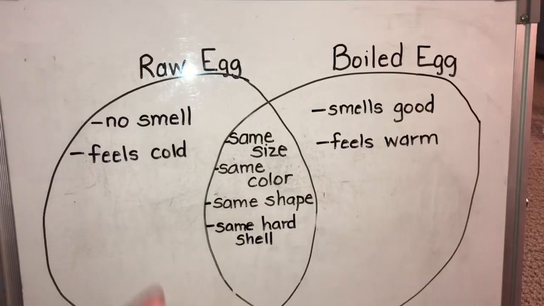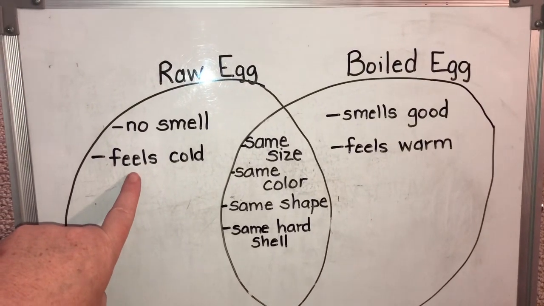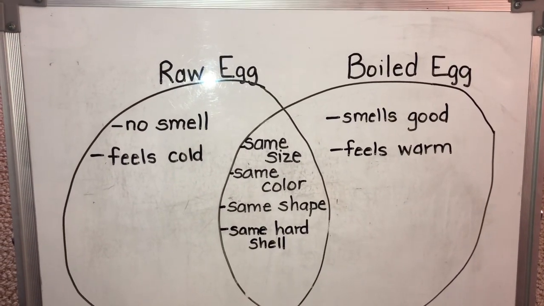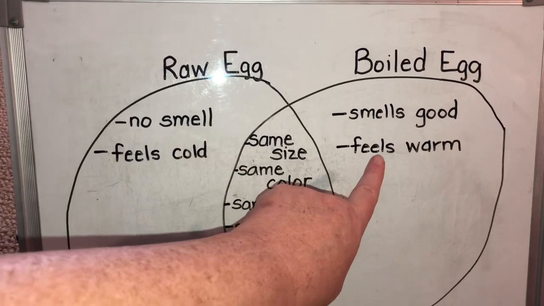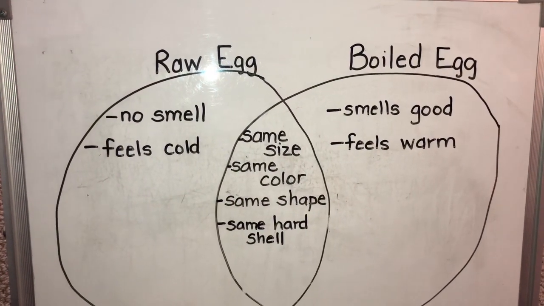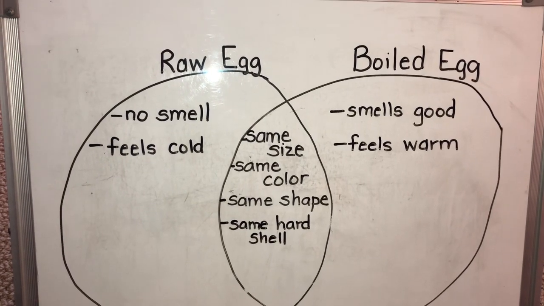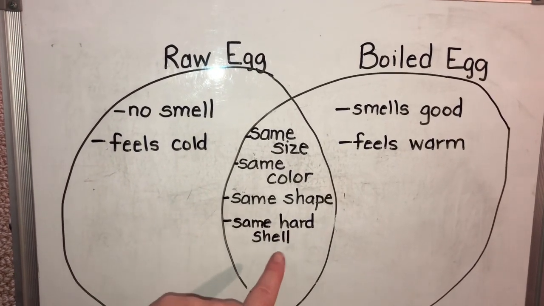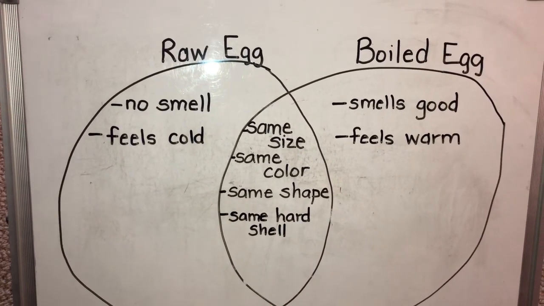How do they feel the same or different? So the raw egg feels cold. It just came out of the refrigerator. And the boiled egg feels warm because it just came out of the pot on the stove. And both of them have the same hard shell.